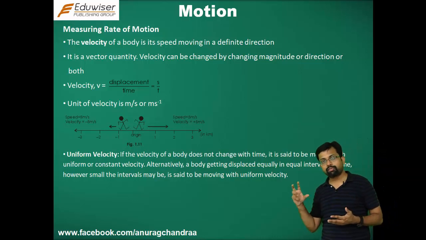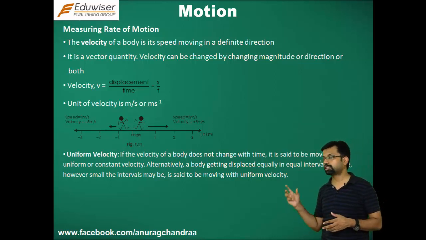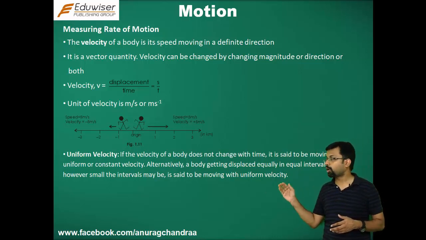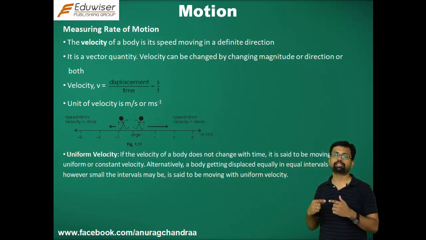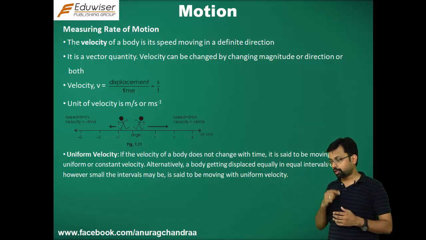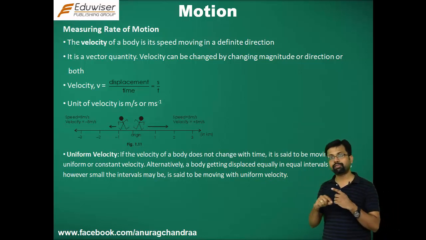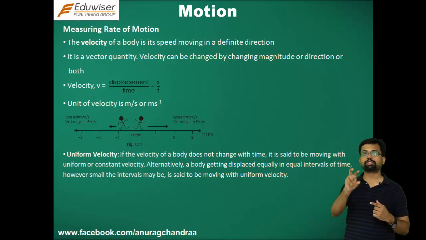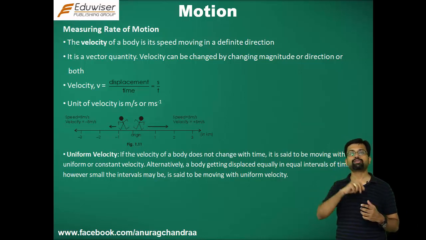The velocity of a body can change if you change its magnitude or its direction, or both of them simultaneously. So even if a body moves with a constant speed, it could still be a case of changing velocity.